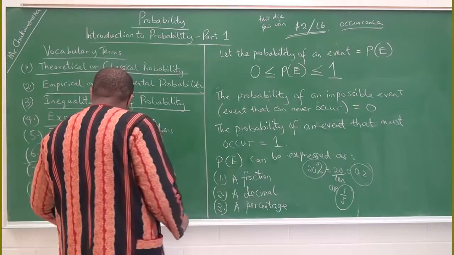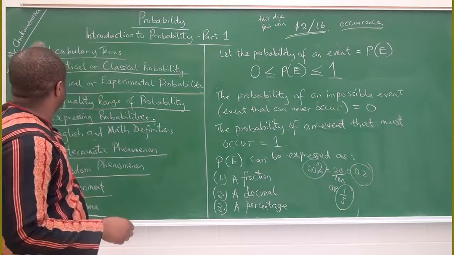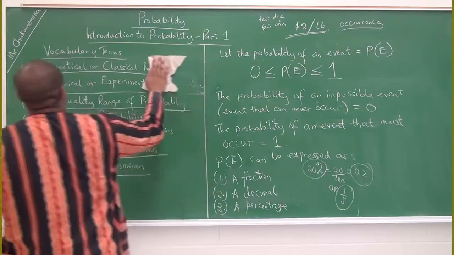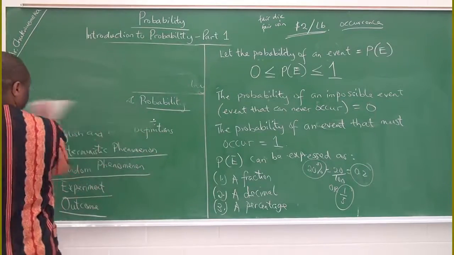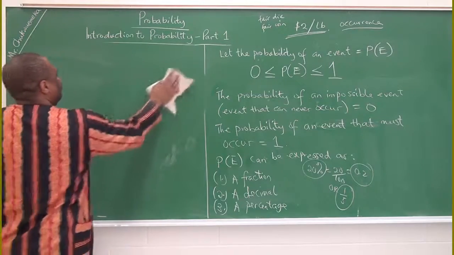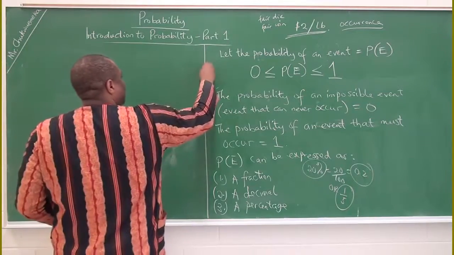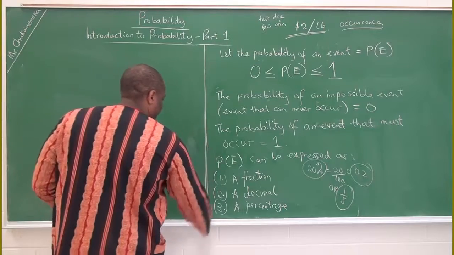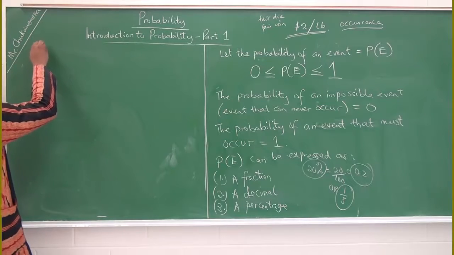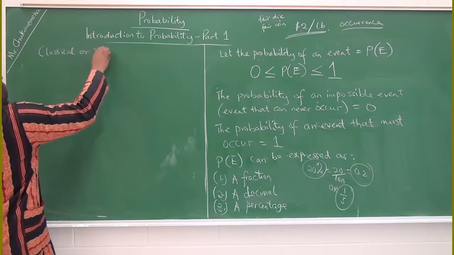Now, let's go ahead and define these probabilities, theoretical probability and empirical probability. Let's start with theoretical probability, also called classical probability.